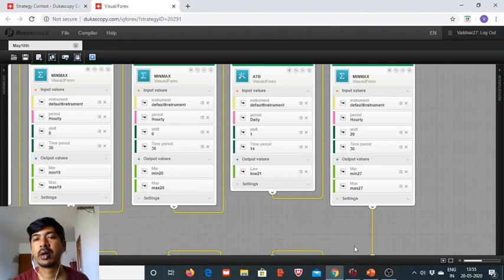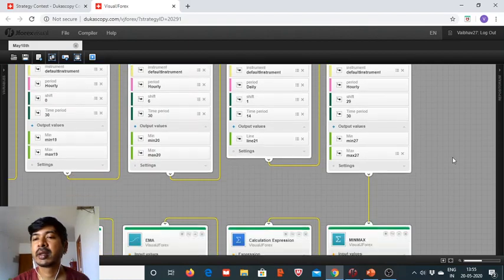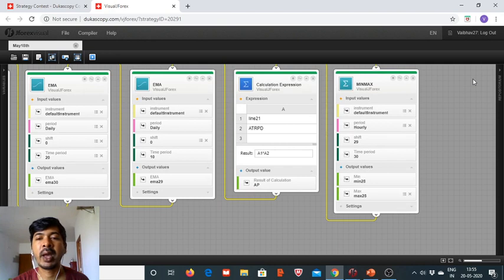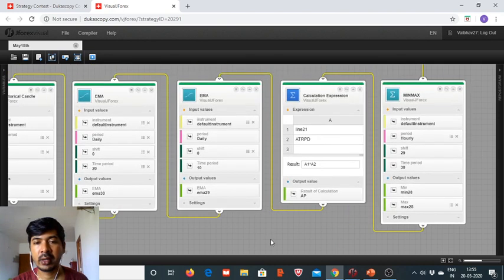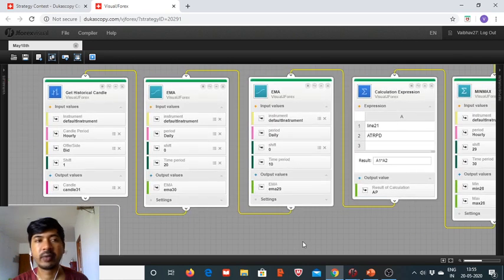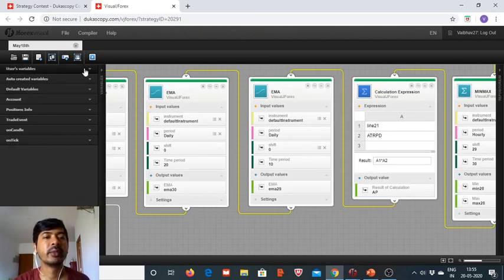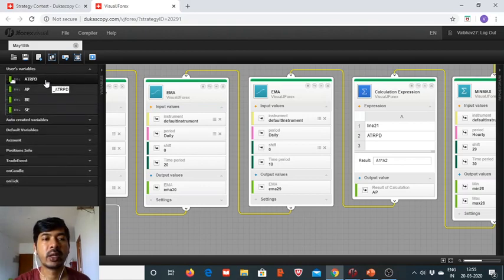And then we got the ATR defined on the daily time frame. We got the min-max again with shift 29 to get the value 29 hours back. We did this calculation for defining the 0.5 percent range of the ATR, so the user's variable.